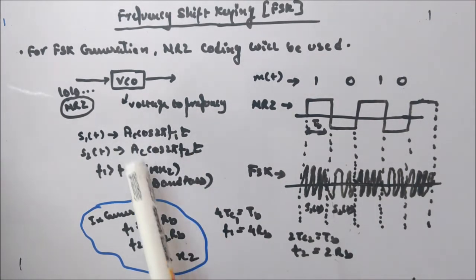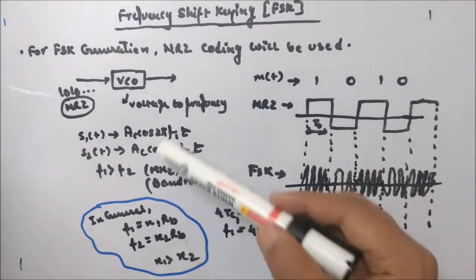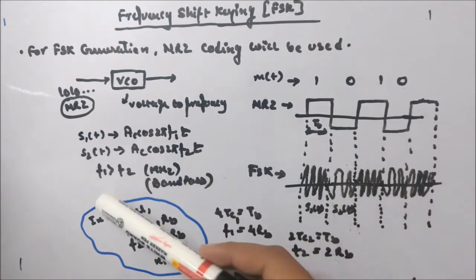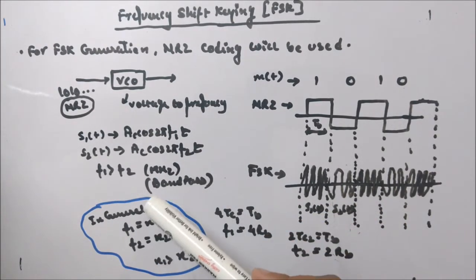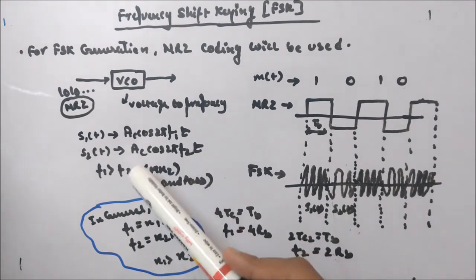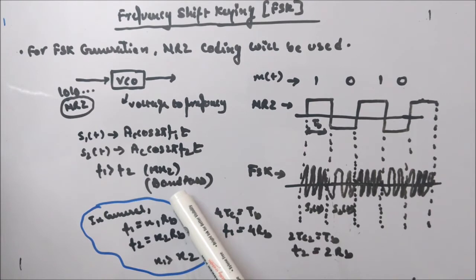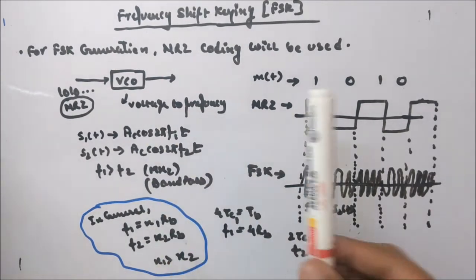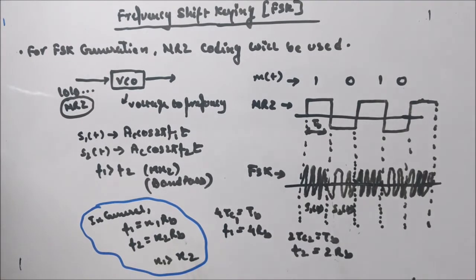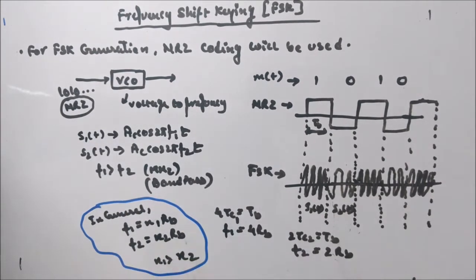The amplitudes are the same. f1 is generally greater than f2, and both are in megahertz, because it's a bandpass transmission, and in bandpass you convert the signal into a high frequency signal and send it wirelessly. That is how you frame FSK.